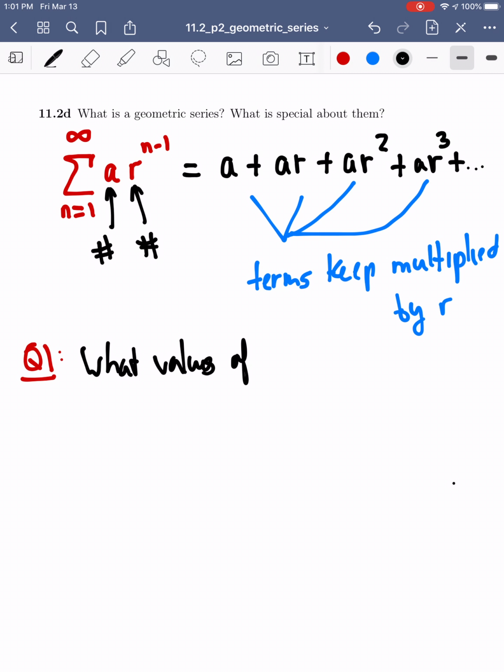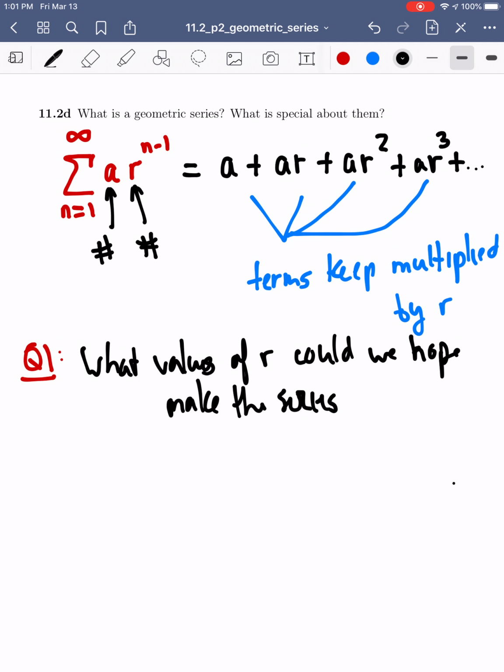Again, I'm emphasizing the hope because we're just going to hit this geometric series with the test for divergence. And all this test could tell us is right up front if the series looks divergent.